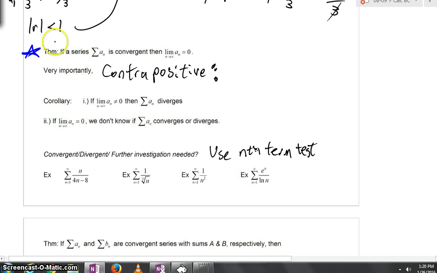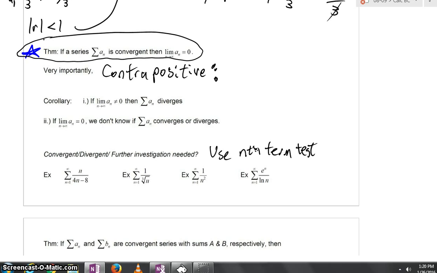Here's a theorem that's super important, but in all truth, we don't use this form as much. If a series is convergent, then the limit as n goes to infinity of its nth term in the sequence equals 0. Now, we don't really use that as much, but we use a contrapositive of that.